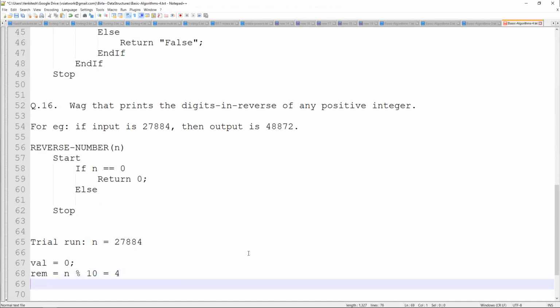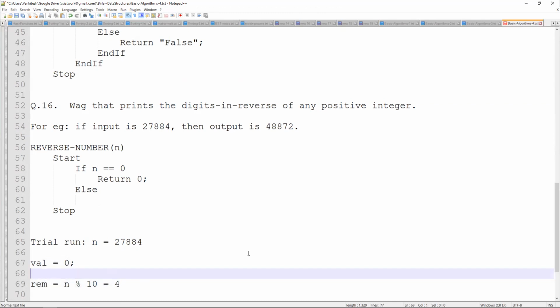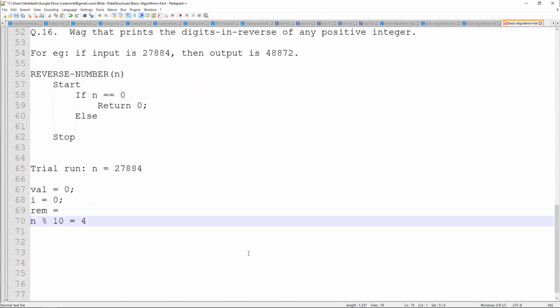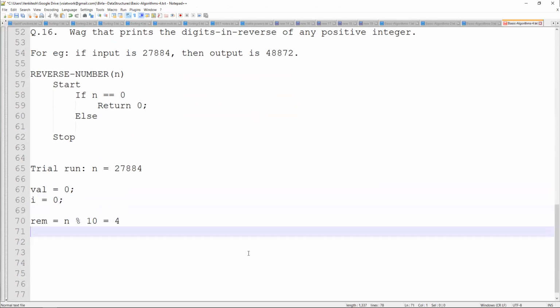And now I say another index i is equal to 0. So value is equal to 0, i is equal to 0, and now I start. First step, remainder is n mod 10, equal to 4. Is that okay? Then I do value is equal to value plus 4 into 10 to the i.